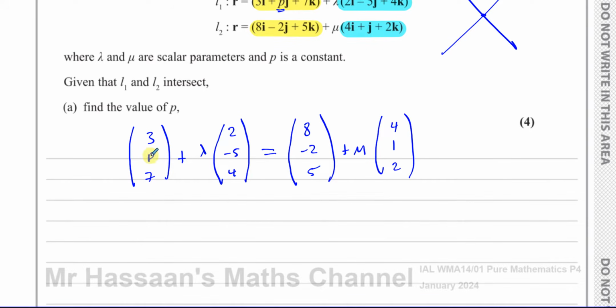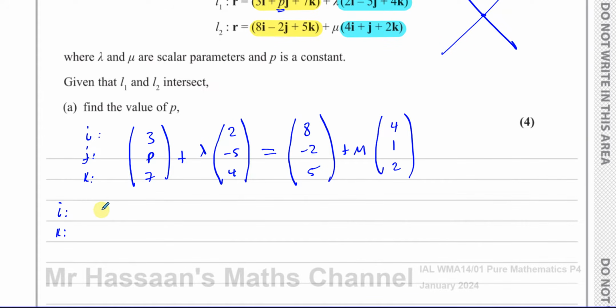Now what I know is that if I take the i component and the k component, which are complete, I can use those two components to make two equations and solve them simultaneously to find lambda and mu, and then use those values to find what p is.